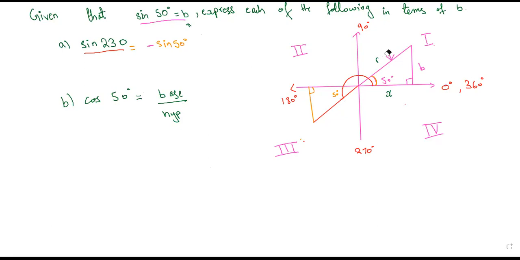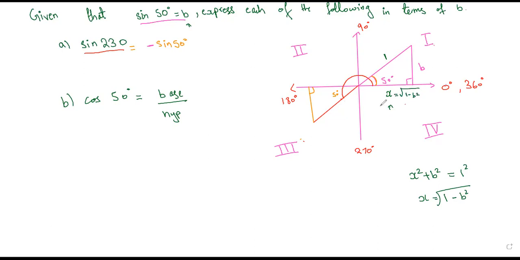We already know that. Hypotenuse side is 1. We have y as well. We are interested in x. How do we find x? Simple Pythagoras theorem. x squared plus b squared equals 1 squared. So if I make x the subject, I'm going to get this, right? So this would be x basically.